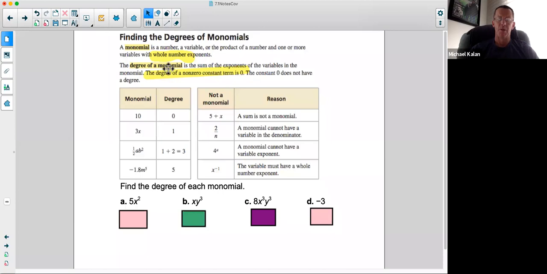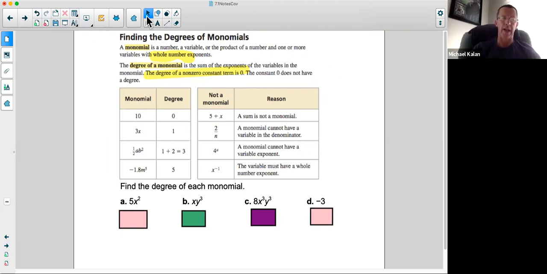So the degree of a monomial is the sum of the exponents of the variables in the monomial. We can see here the degree of a non-zero constant term is 0. The constant 0 does not have a degree. So 10, this is like 10 to the first, but there's no exponent.